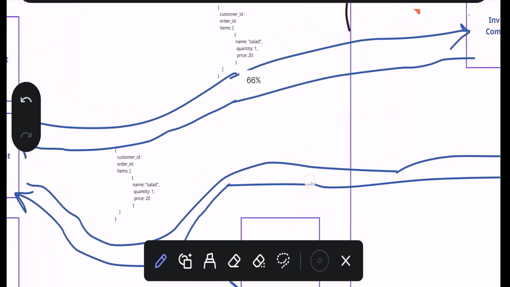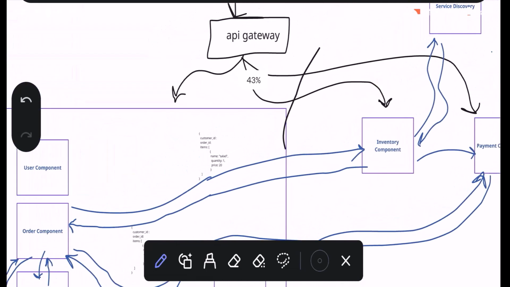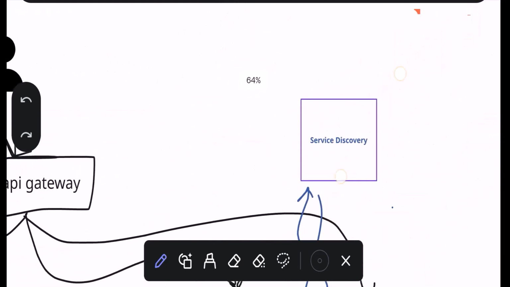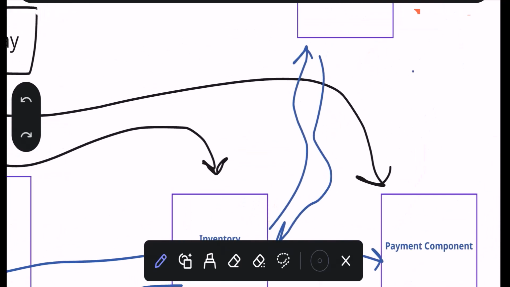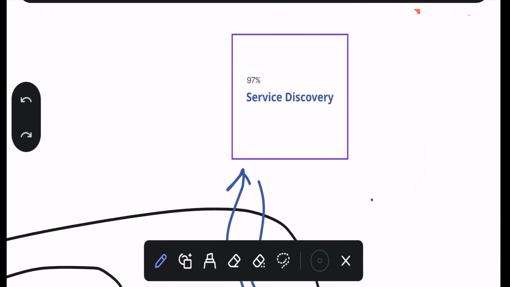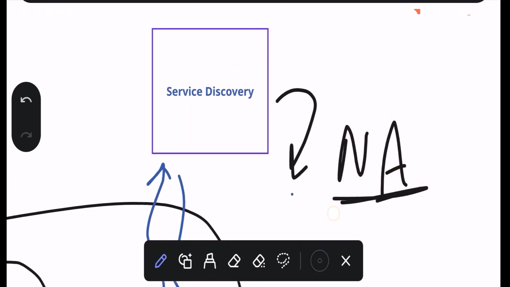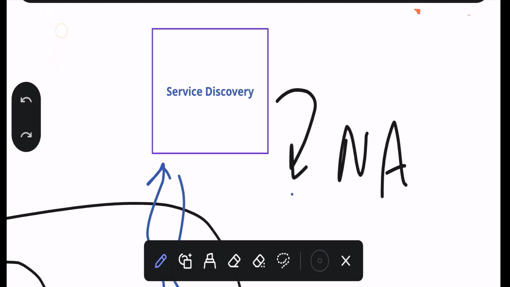After creating the payment, we need to communicate with the inventory component. Here service discovery will help us: the payment service will request service discovery to return the network address of the inventory service, so that the product details can be modified.